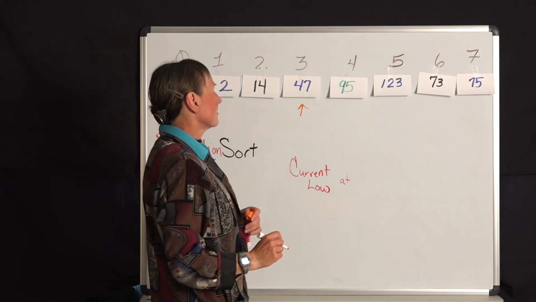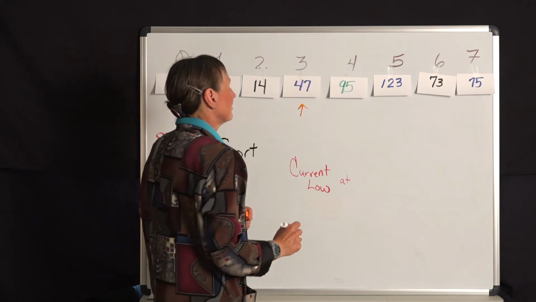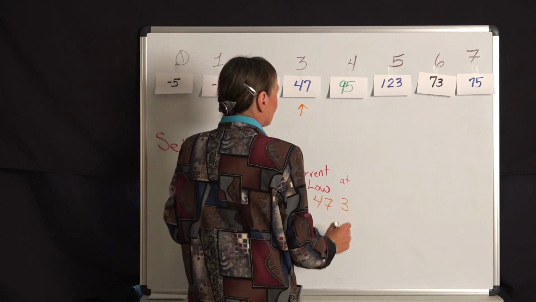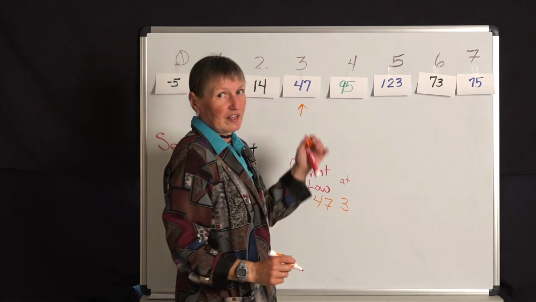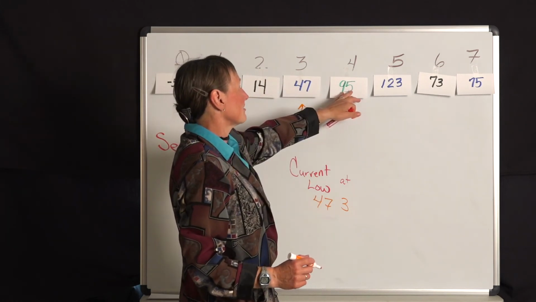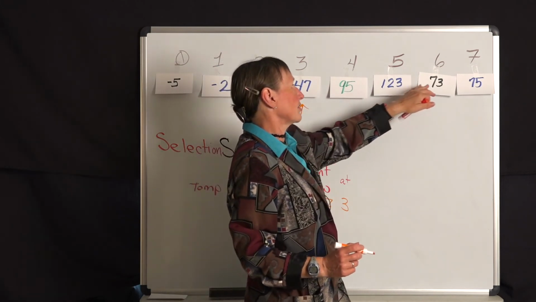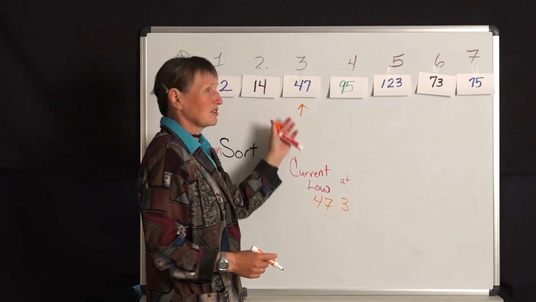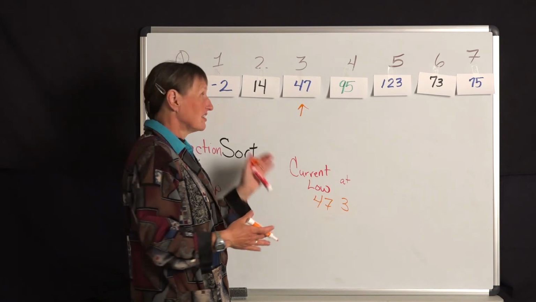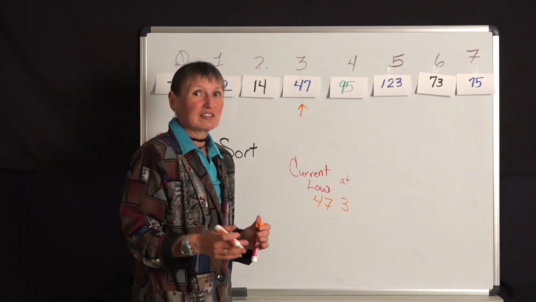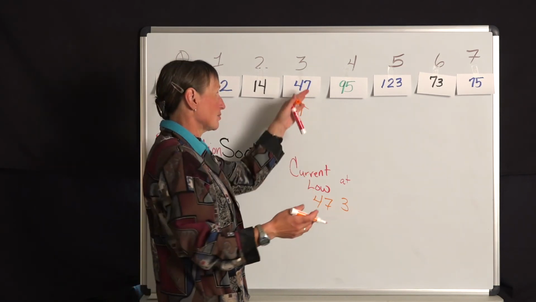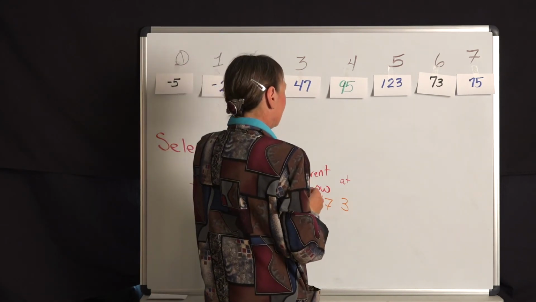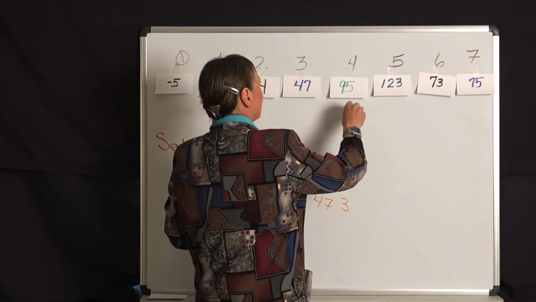So we start it at 3, and we say, okay, 47 at location 3 is our lowest value. Now that's still lower than 95, 123, 73, or 75. So actually it got moved relatively quickly into the space that it's going to be its resting place. So we move on up to start here.